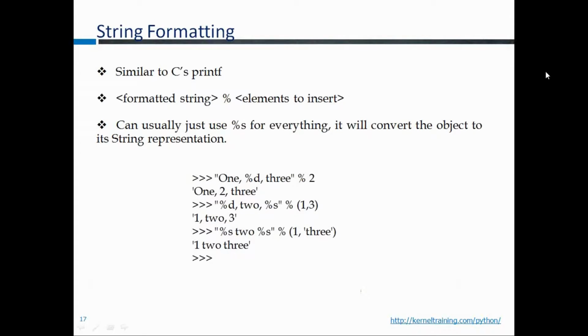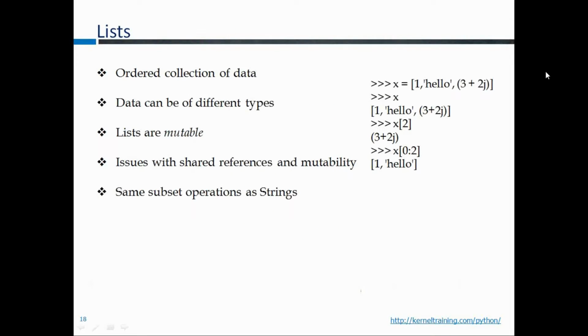So in this example, if I use %d with 1, 2 and 3, it will replace the %d with the value 2. And similarly, with %s, it will replace with 1, 2 and 3. We will get to this in more detail.